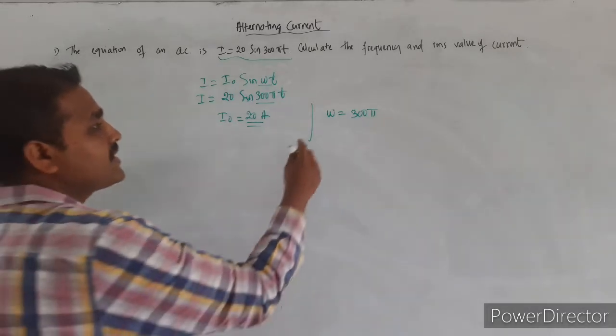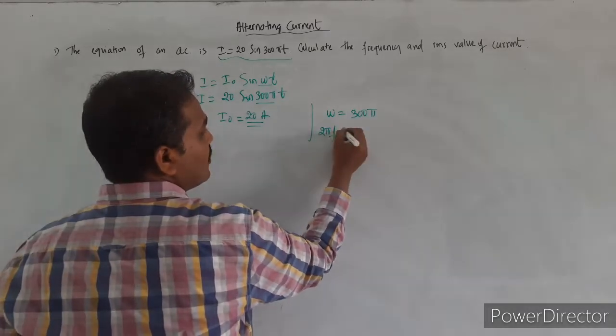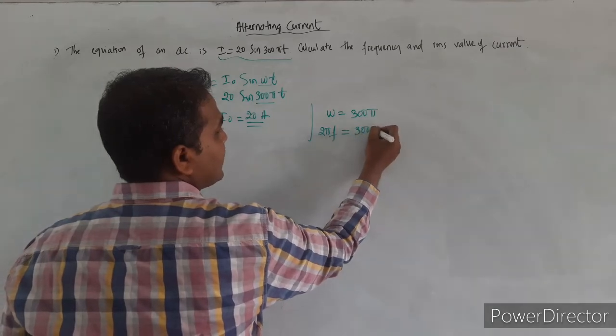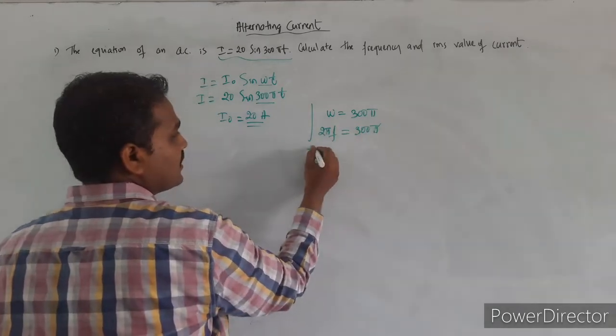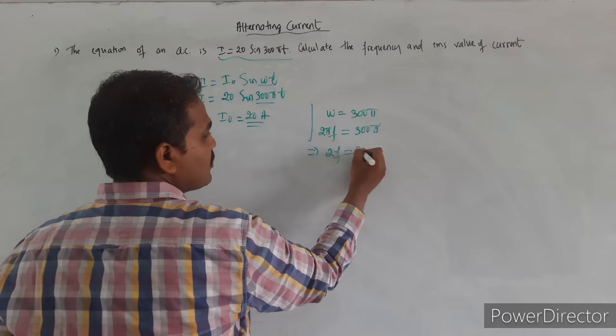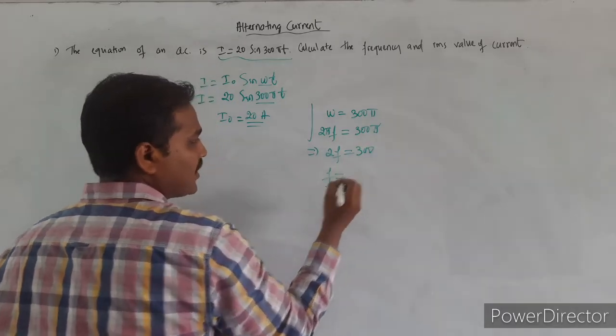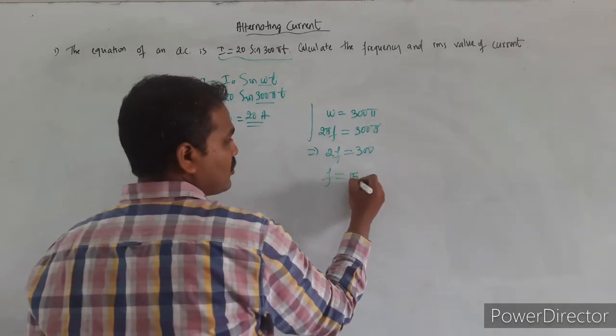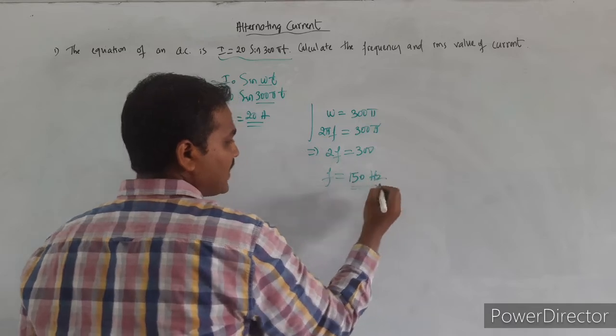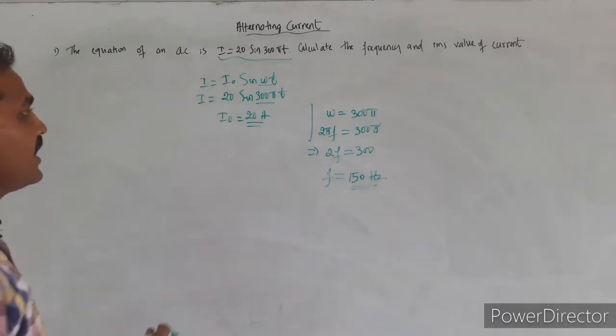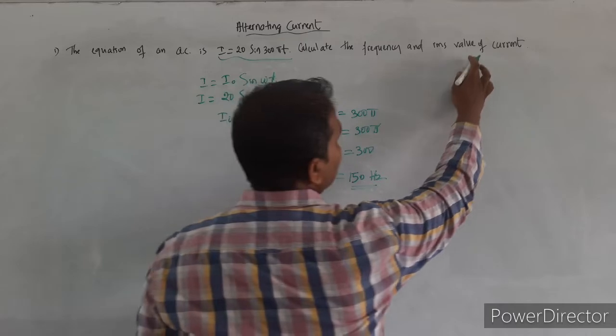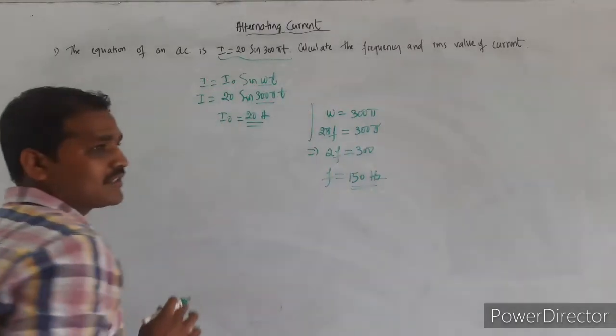Omega is nothing but 2 pi f. So 2 pi f is equal to 300 pi. Pi gets cancelled here. This implies 2f is equal to 300. Hence the frequency is equal to 150 hertz. Here they are asking to find the RMS value of the current.